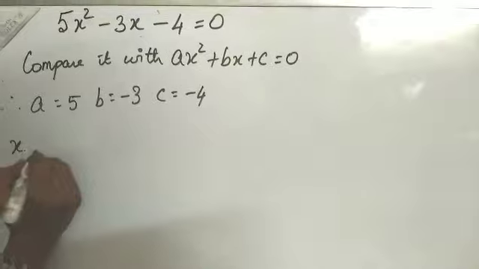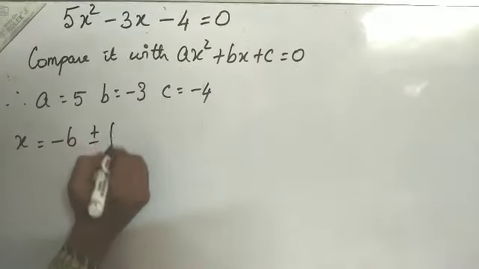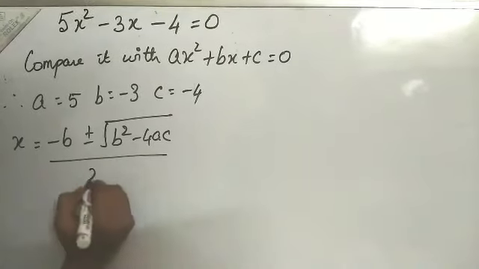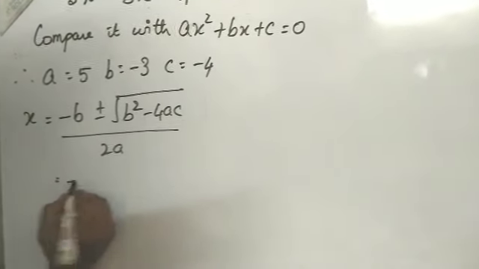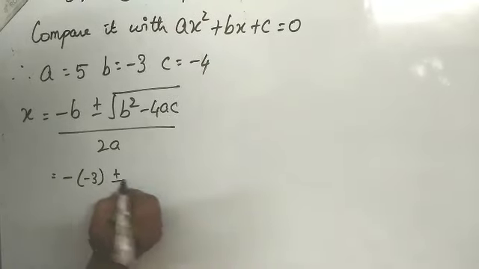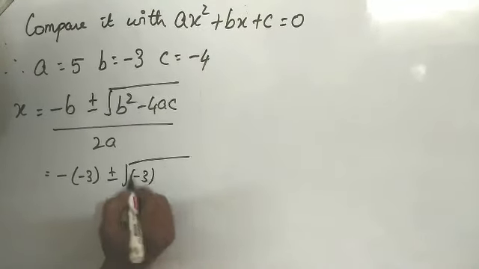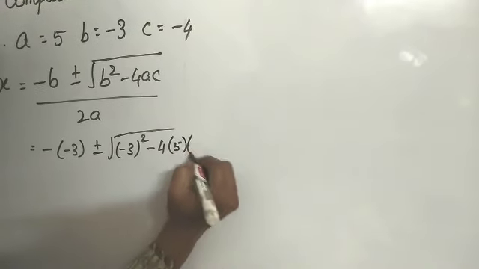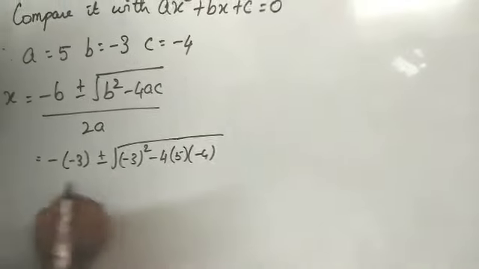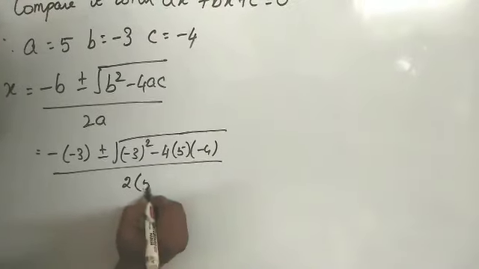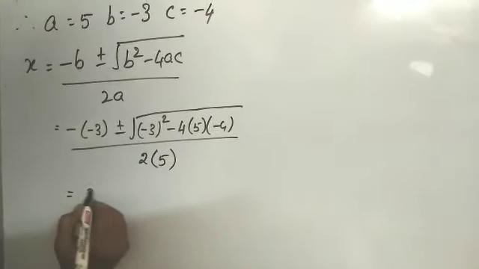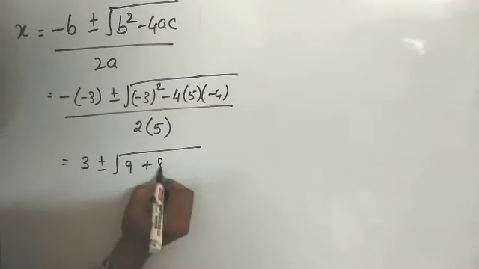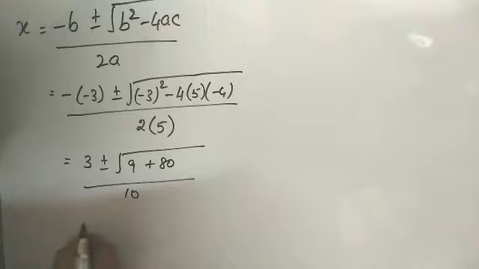Then write the formula. x is equal to minus b plus or minus under root b squared minus 4ac upon 2a. That is equal to minus of minus 3 plus or minus under root minus 3 whole squared minus 4 into 5 into minus 4 upon 2 into 5. Then 3 plus or minus under root 9 plus 80 upon 10.